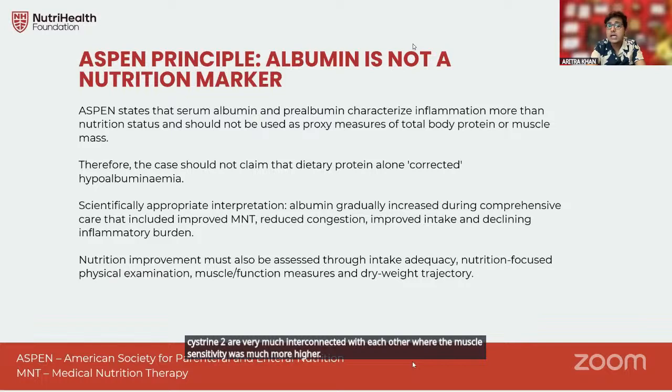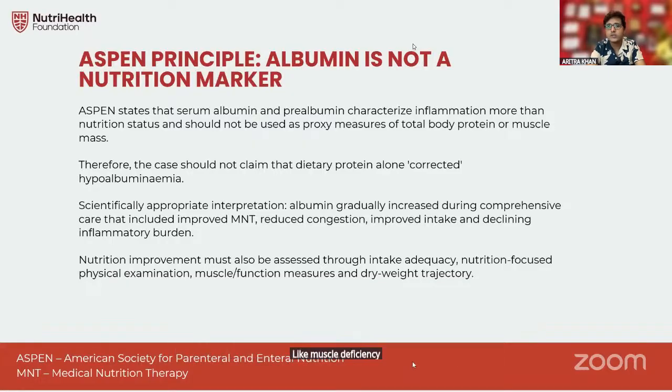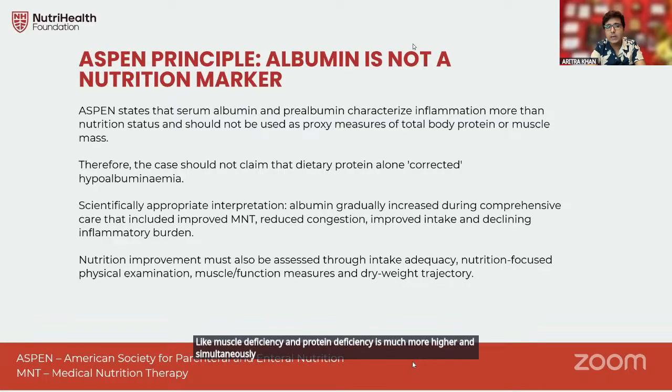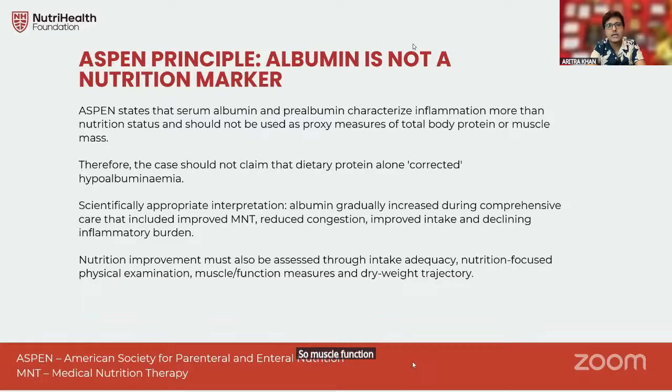But here we can see the muscle percentage is very poor, and malnutrition like muscle deficiency and protein deficiency is much higher, and simultaneously we need to reduce congestion, improve intake, and decline the inflammatory burden. So nutrition improvement must also be assessed through our intake adequacy, nutrition-focused physical examination, muscle function measures, and the dry weight trajectory. Next one.